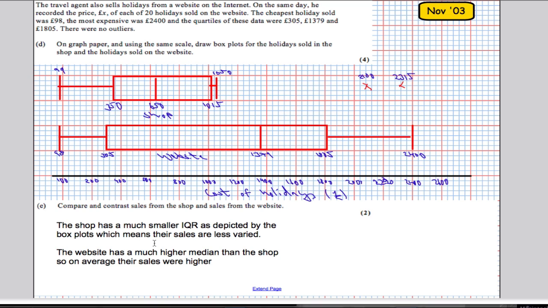So that's two comments there that are based on the information we have for a full 2 marks.